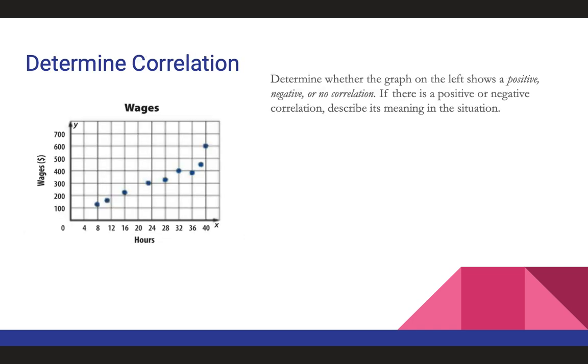Here is an example of the hours someone works and the money that they make. We need to determine whether this graph shows a positive, negative, or no correlation. If there is a positive or negative correlation, describe its meaning for this situation. You can see the x values, the hours, are increasing, and the y values are also increasing. So this has a positive correlation.